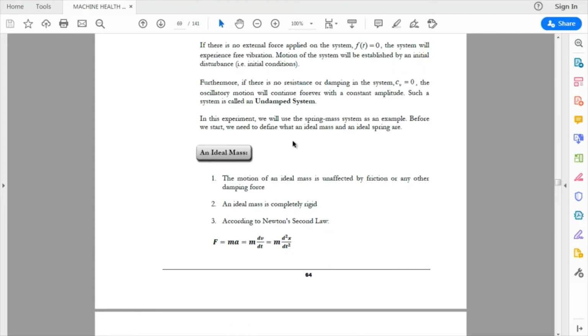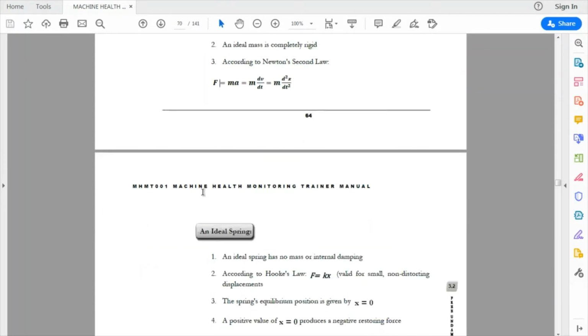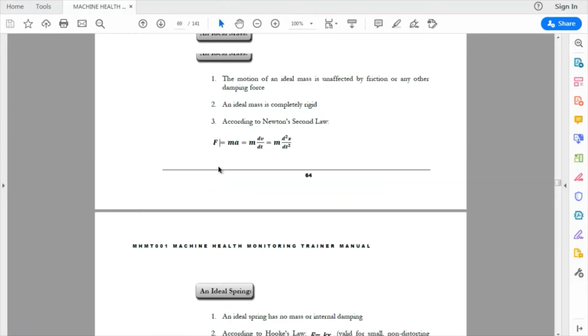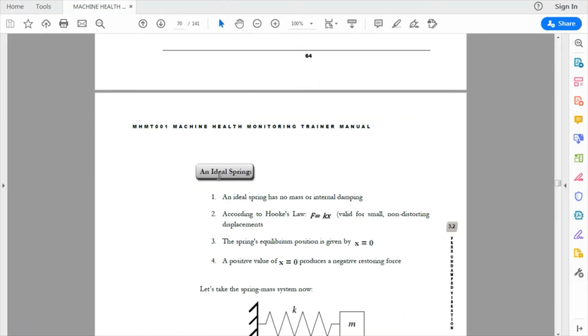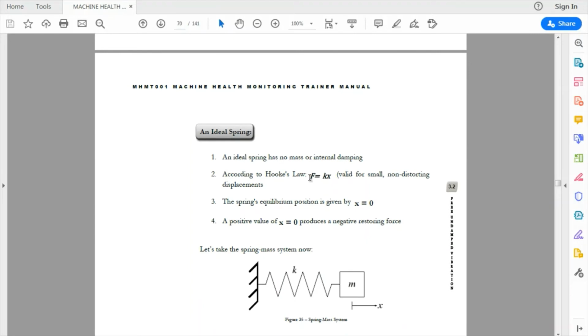So the summation of forces, Newton's second law, equals ma, mass times acceleration, where acceleration is the derivative of velocity with respect to time, or the second derivative of displacement with respect to time. So this is ma, and this is the summation of all forces. In our case, without damping, we have only one force generated by the spring, which is F equals kx.